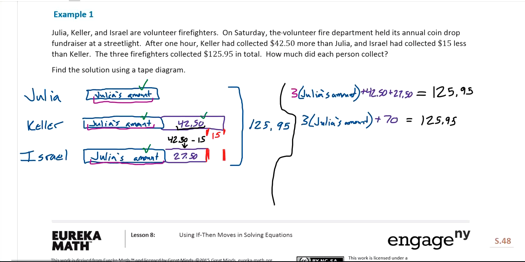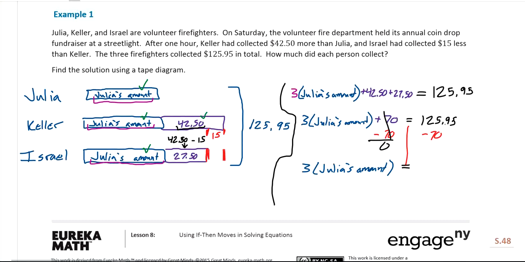So then we want to find out Julia's amount, because then we can find out everything else from there. Let's get Julia's amount alone. First thing I'll do is subtract that 70, because if I get 0 here, then these cancel out. I'll be left with 3 times just Julia's amount, getting closer to having Julia's amount equal a number.